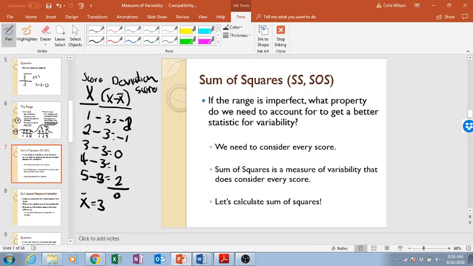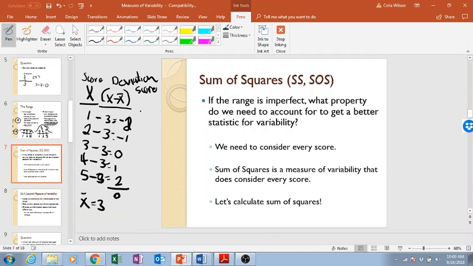And it's another indication that the mean is the balance point of the distribution, because now all of our scores are balanced around this mean. So when I subtract the mean, I should get 0. Then what's on one side of the mean, which is my 1 and my 2, should balance what's on my other side of my mean, which is 4 and 5. So if I sum those deviation scores, I should get 0.